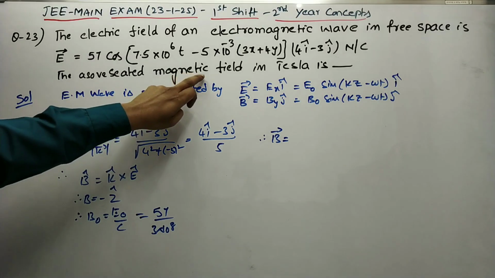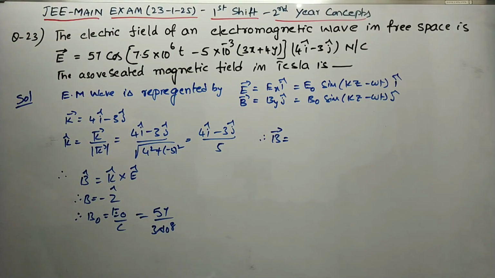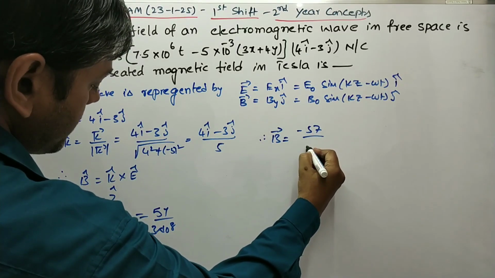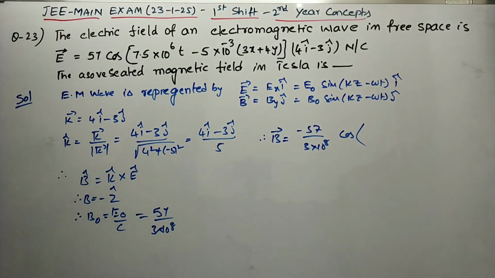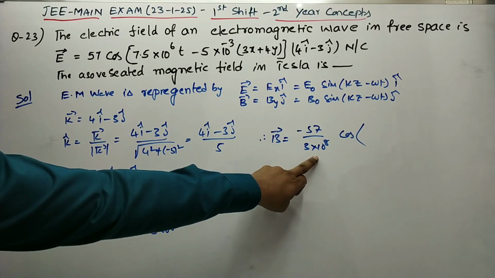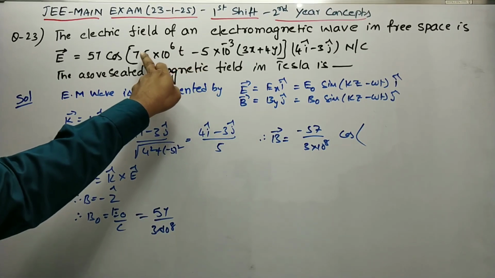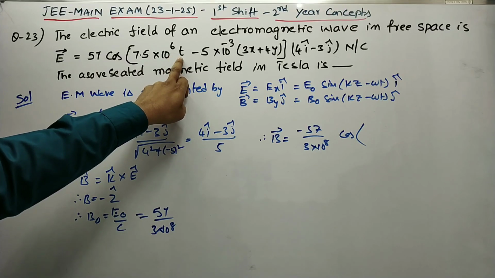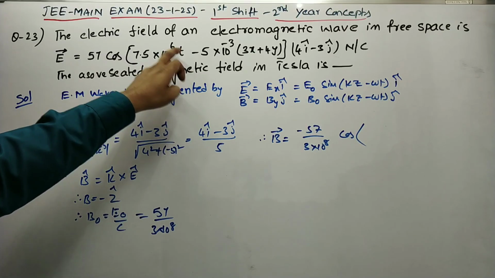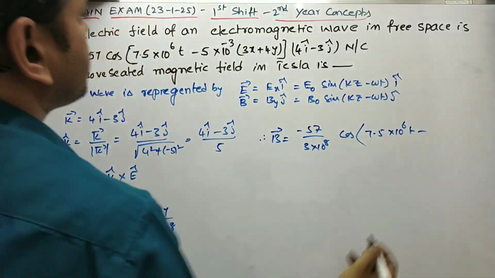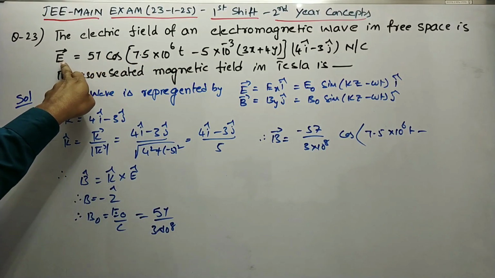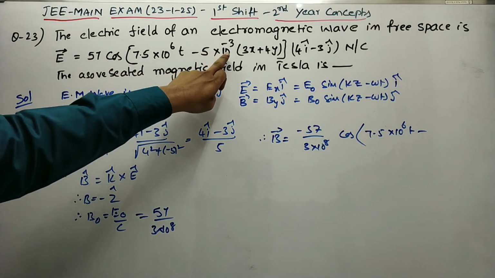The associated magnetic field vector B bar is equal to minus 57 by 3 into 10 power 8 into cos of 7.5 into 10 power 6 t, minus 3x plus 4y, in these brackets, into the k vector, that is 5k.